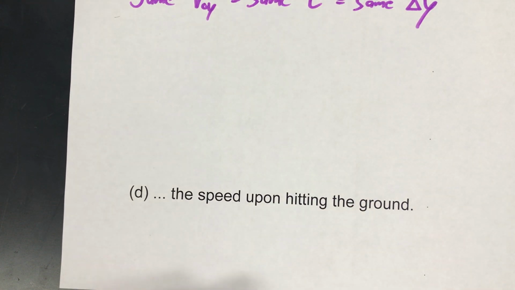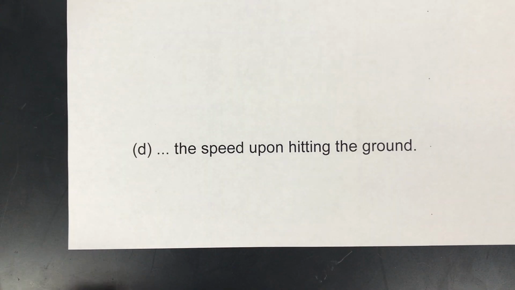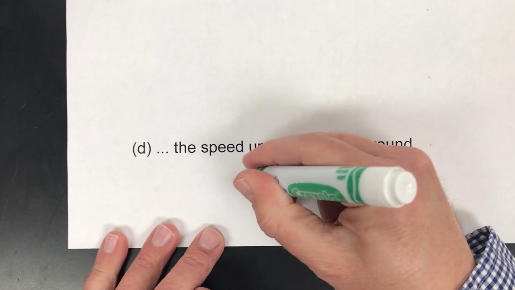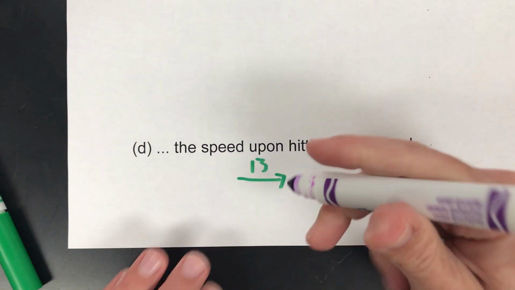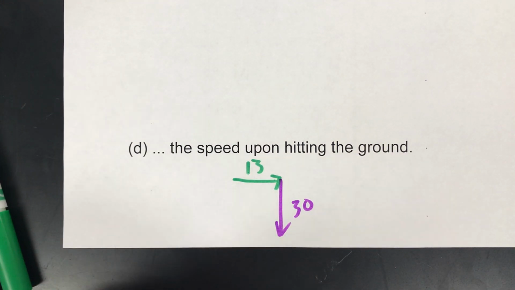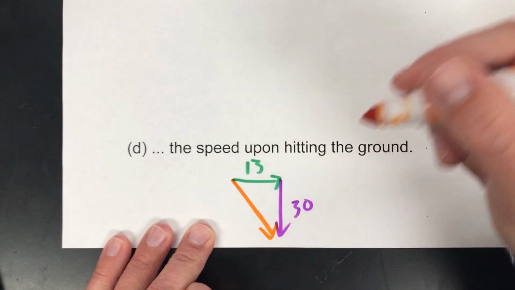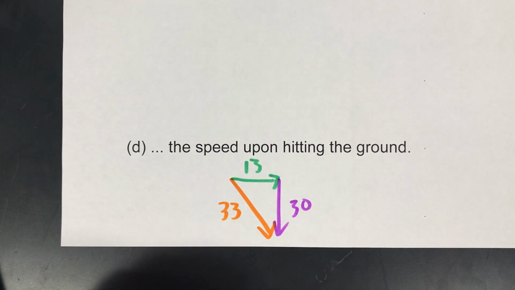And then it says find the speed upon hitting the ground. So we'll do this one just like we did before, except now we will have 13 as our sideways motion, and we will have 30 still as our vertical motion, so that when we go to get our overall hypotenuse here, it is basically, if you round off, 33 meters per second.